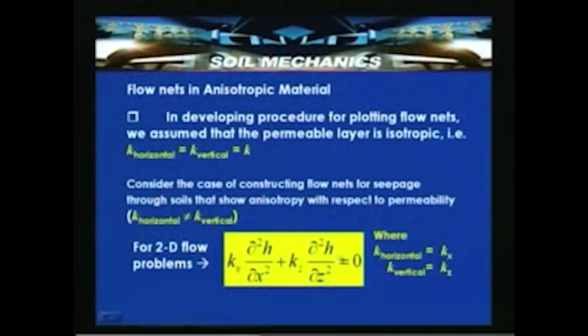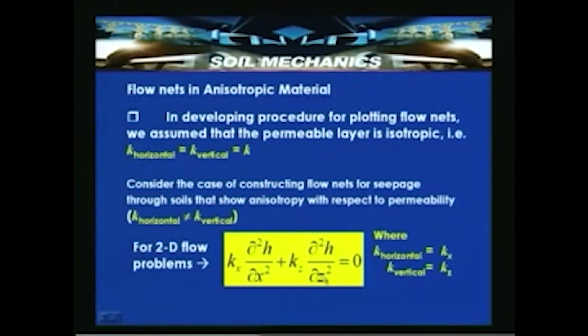For two-dimensional problems, when K horizontal is equal to Kx and K vertical is equal to Kz, then we can write the Laplace equation as Kx into dou square h by dou x square plus Kz into dou square h by dou z square is equal to 0. That is for two-dimensional problems.